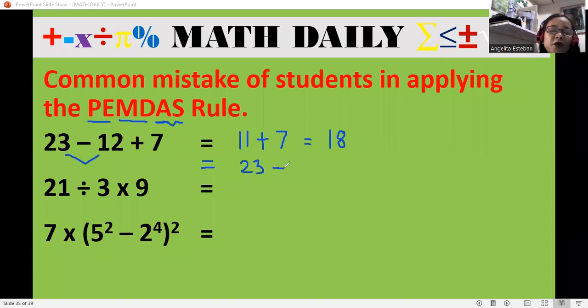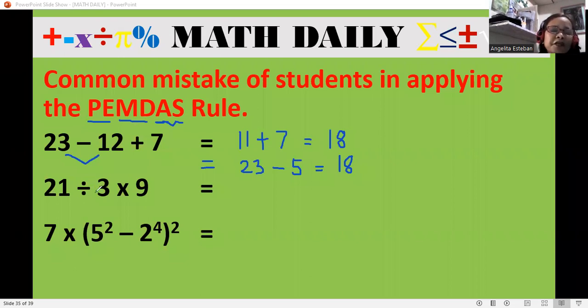So that means you have 23 minus 5. And so the answer is still equivalent to 18. Because if you do the addition first without considering the negative here, you will be getting a wrong answer. So that is how the addition and subtraction works.